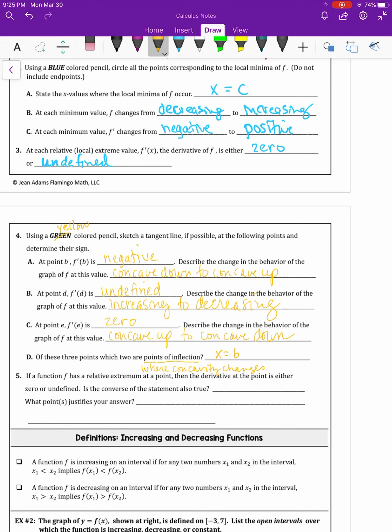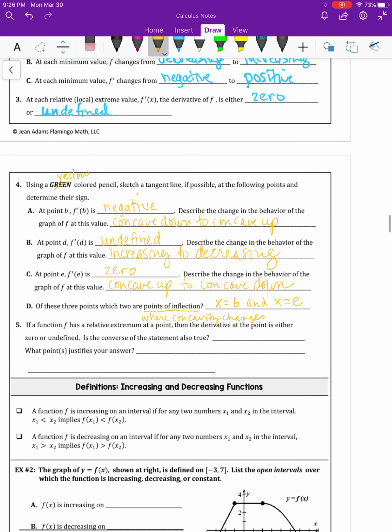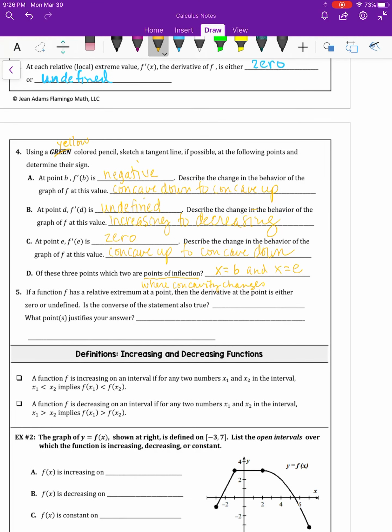And so, point B, x equals B, and x equals E. Now, since they did ask for points, you might have wanted to say the point B comma f of B and the point E comma f of E. I did want to mention that because it does say points. So we might have wanted to write it like that.